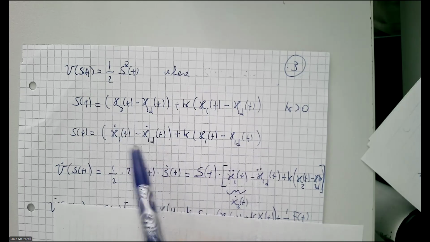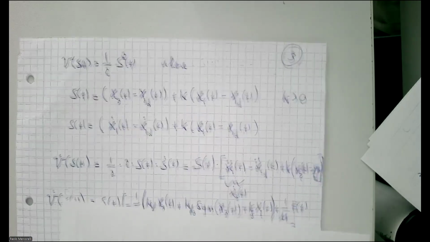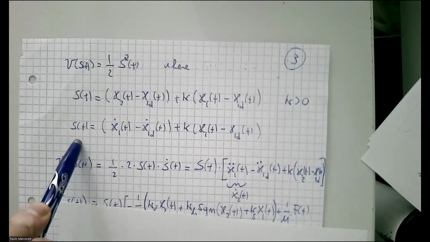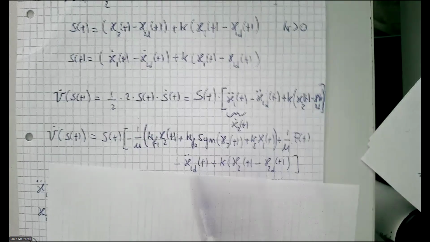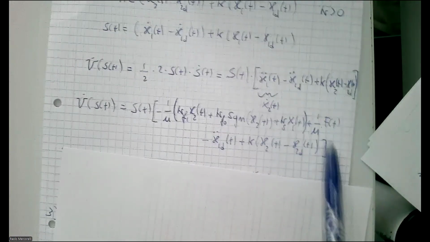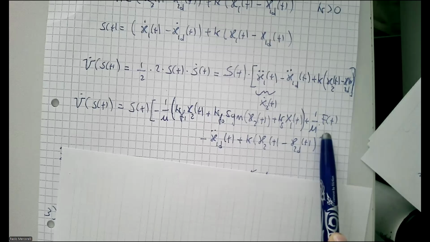You can see it from this derivative, because it is enough to take the derivative of s of t with respect to time to have the input f of t inside s dot.